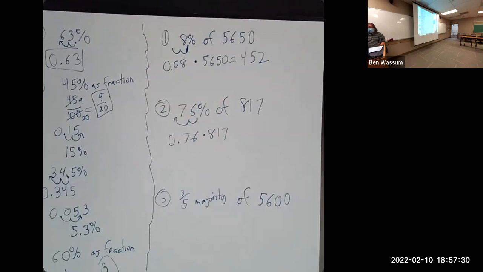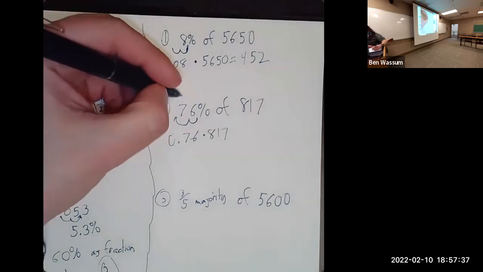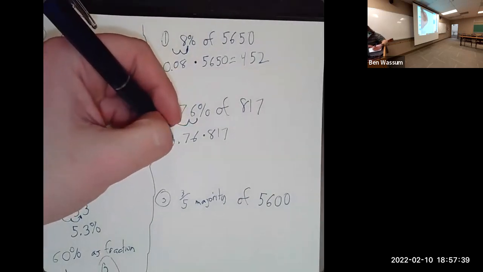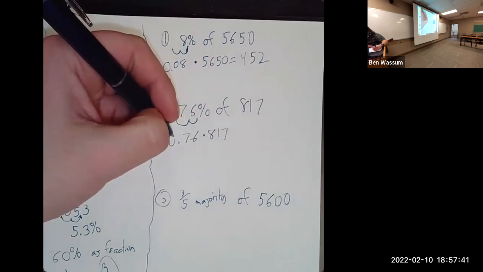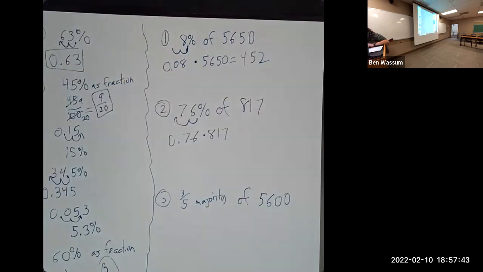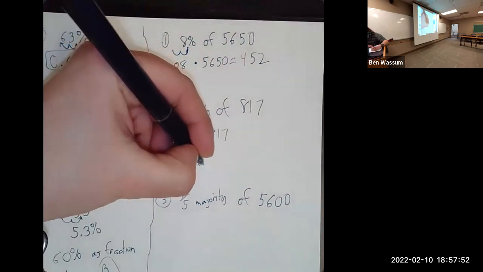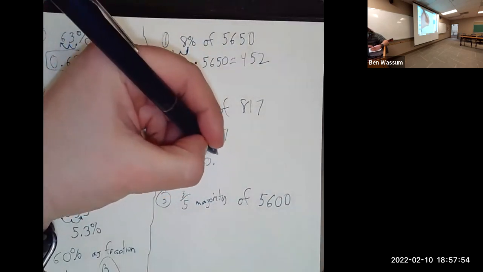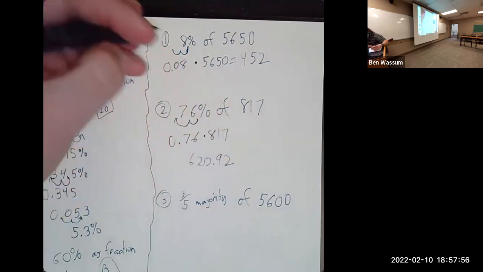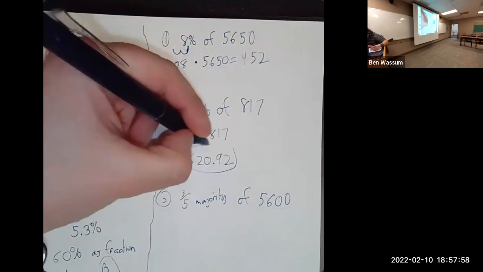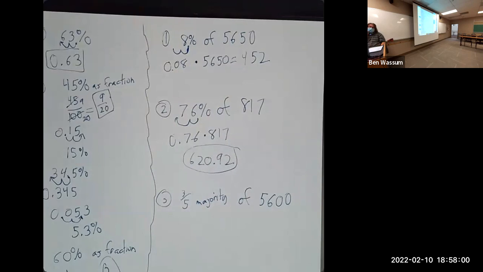All right. End up with a bit of a funky number, but that's okay. I ended up with 620.92. Sometimes you don't really get the nicest numbers.